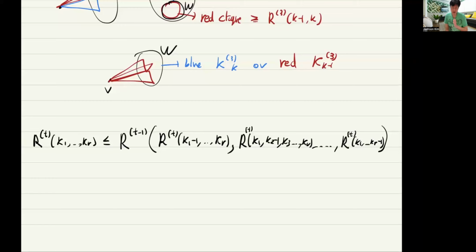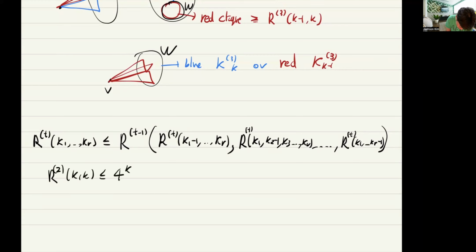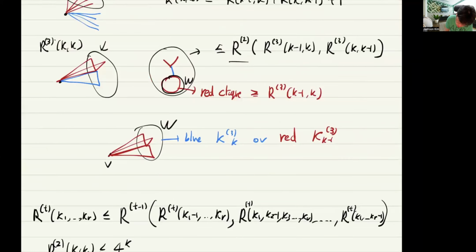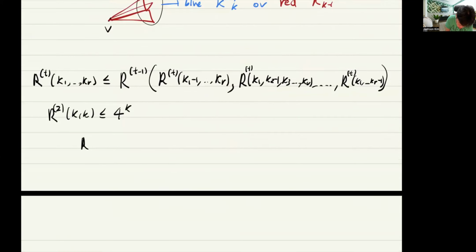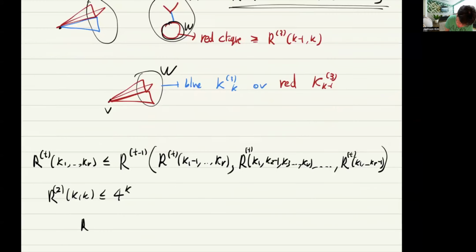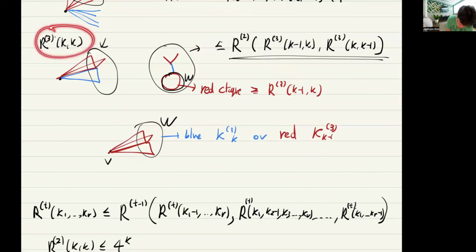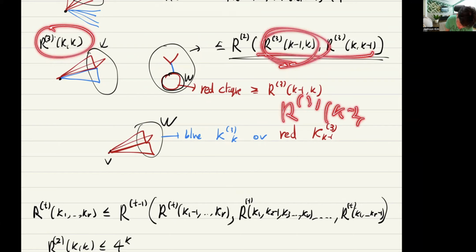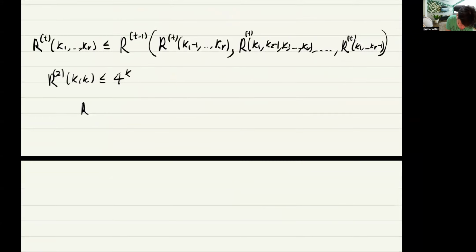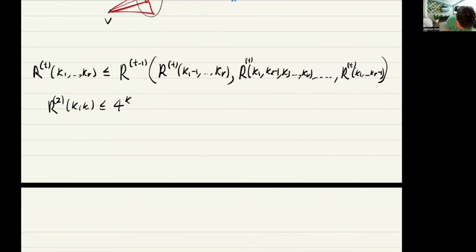Okay, but how good a bound is it? We know that the two-uniform R_2(k,k) is at most 4 to the k. Then from here, what do we know? If you repeatedly apply this, this is an exponential of this number, and this is another exponential of R_3 of, say, (k-2, k) or (k-1, k). So repeatedly, you have to take the exponential function.